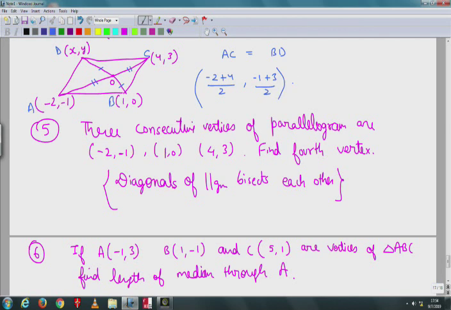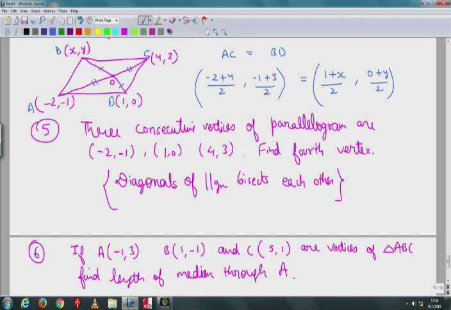This is for AC. And the coordinate for BD is 1 plus x divided by 2, comma 0 plus y divided by 2. Right? So -2 plus 4 divided by 2, -1 plus 3 divided by 2 equals 1 plus x divided by 2, 0 plus y divided by 2.